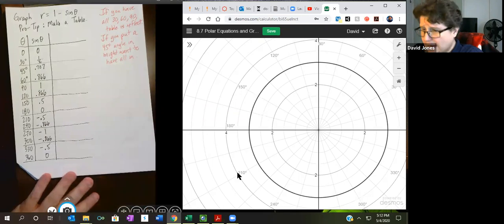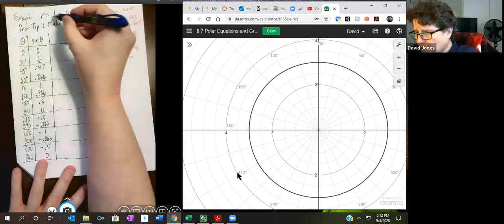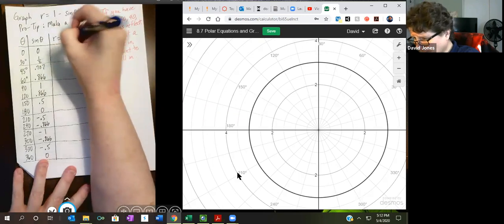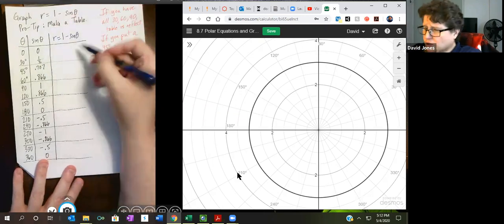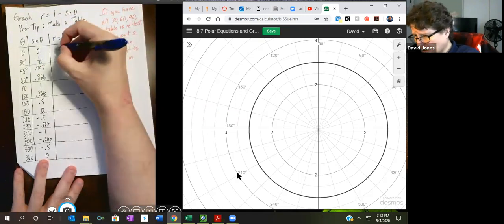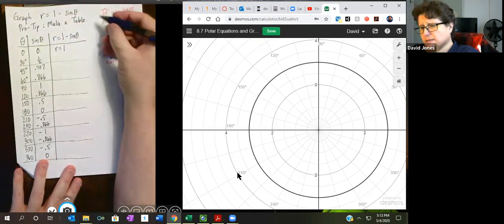Okay, now we wanted r equals 1 minus sine theta. So I'm going to do 1 minus this value. Here I get r equals 1.